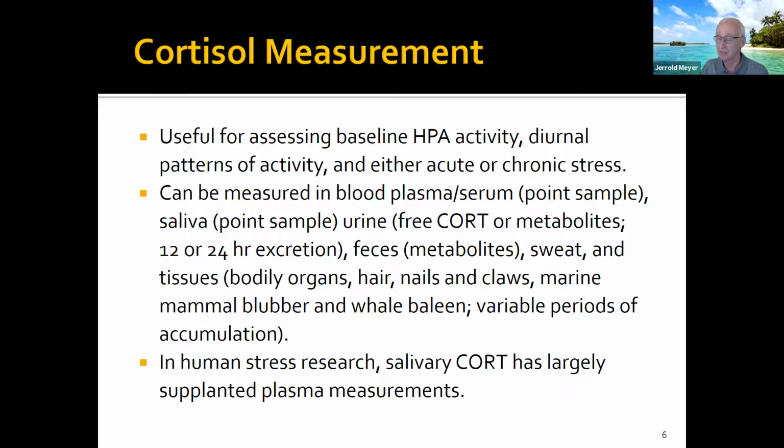Here we're focusing mostly on acute stress, but we'll talk about chronic a little bit here and then have a big discussion of that later. So obviously we can measure it in blood.